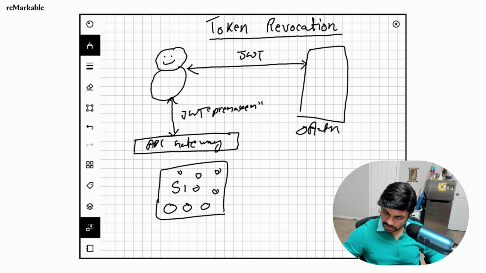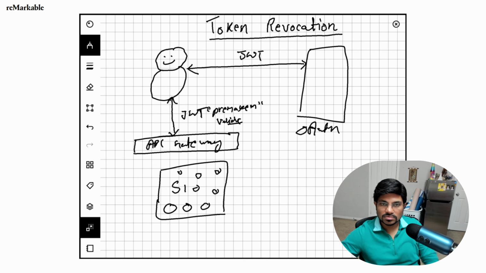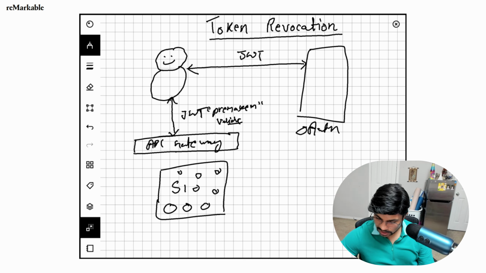Now this guy would validate the token. There are several ways of validating, which we will learn, but after validating it would allow or deny this access. So this guy can do a money transfer transaction or whatever for that matter.